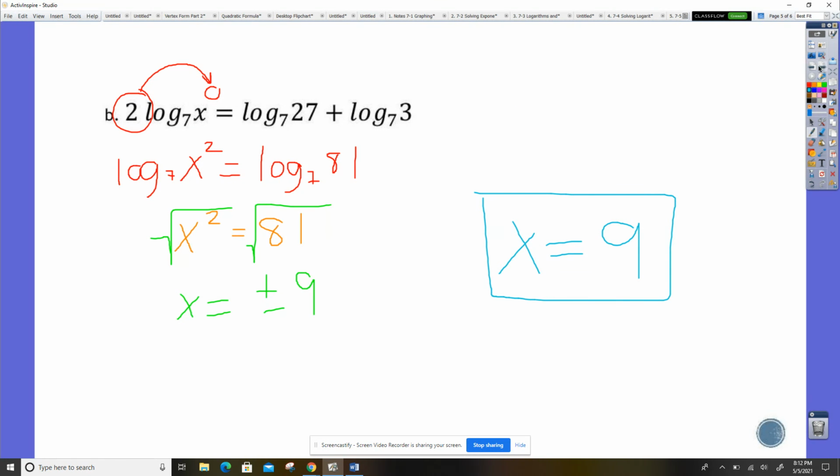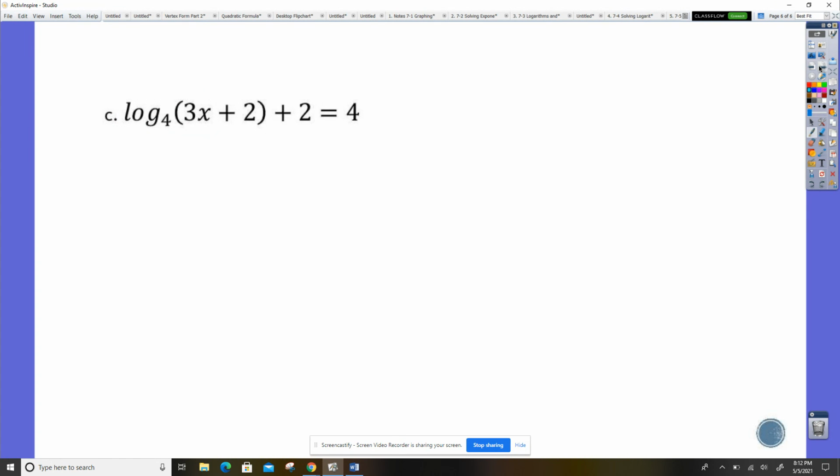Okay. And then the last one we're going to look at today is log base 4 of 3x plus 2 equal to 4. Okay, so first thing I need to do is get my log by itself. So I'm going to subtract 2 on both sides, and that gives me log base 4 of 3x plus 2 is equal to 2. From here, I can just convert it to an exponential and solve for x. So if I convert this to an exponential, I'm going to have a base of 4.